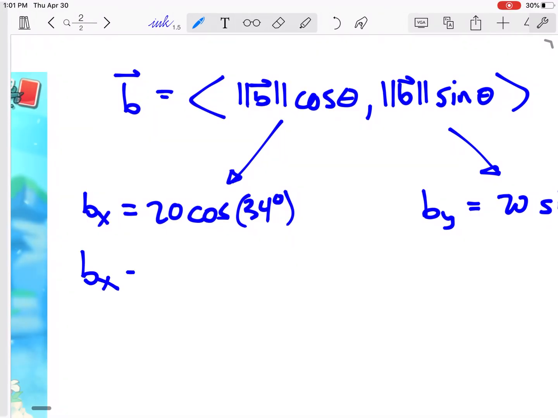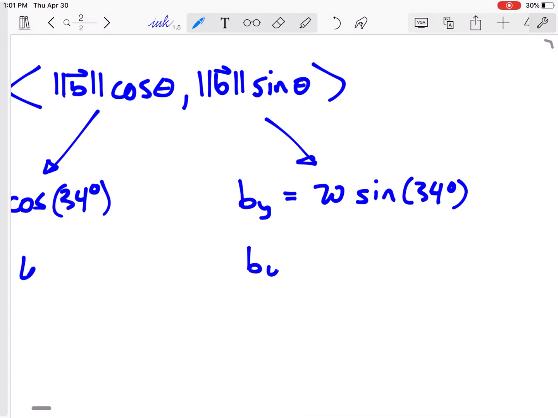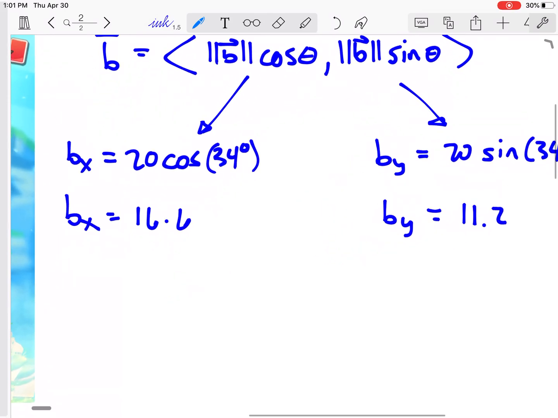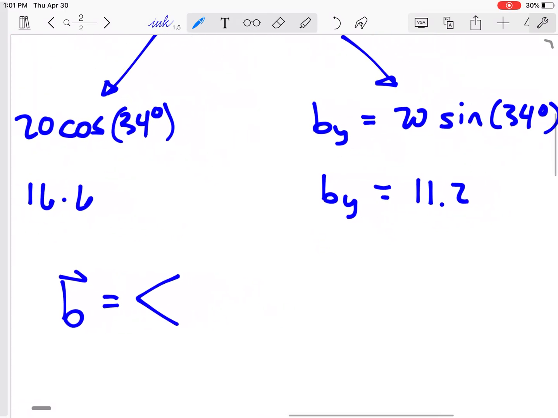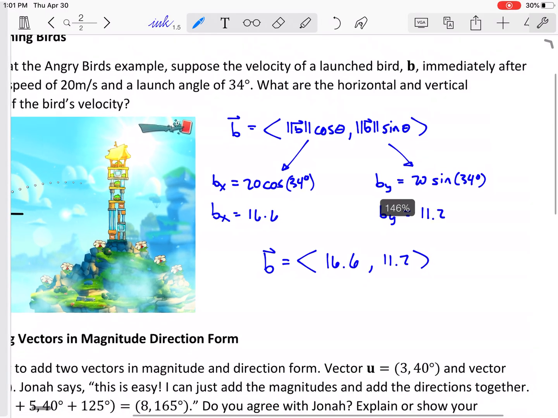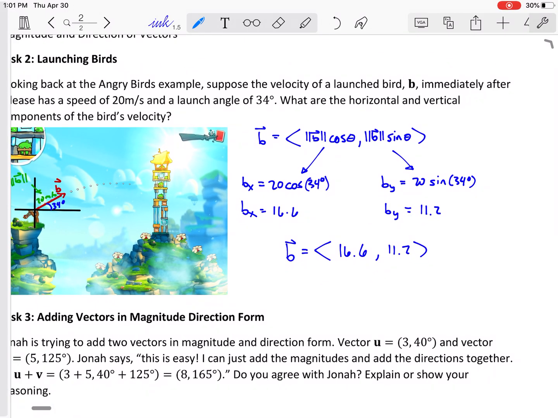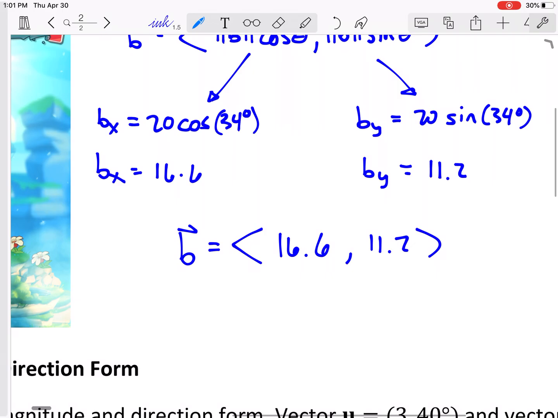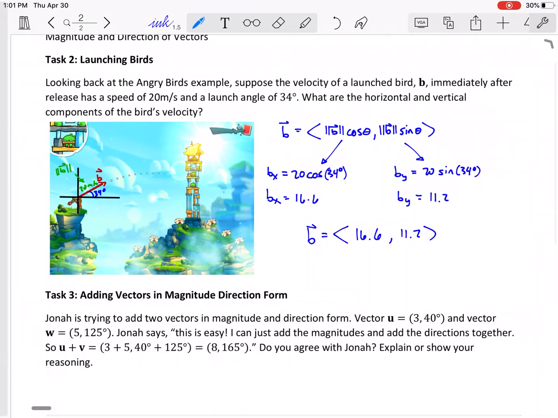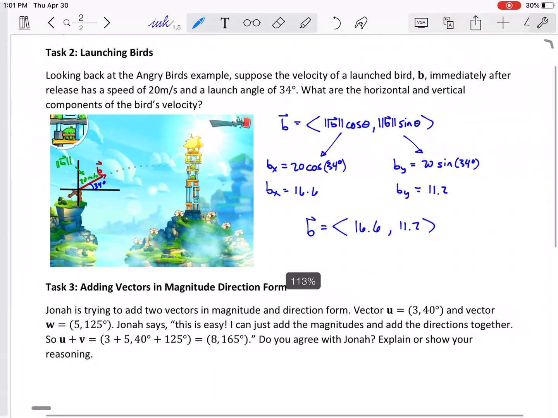B sub x is equal to 16.6. B sub y is 11.2. So in component form, this vector is 16.6 and 11.2. So we know the vector horizontally and vertically of this angle, or of this launch.